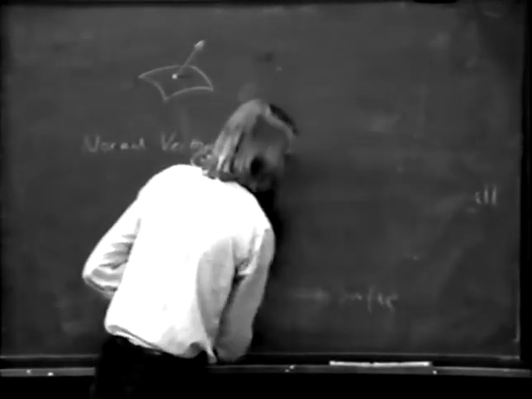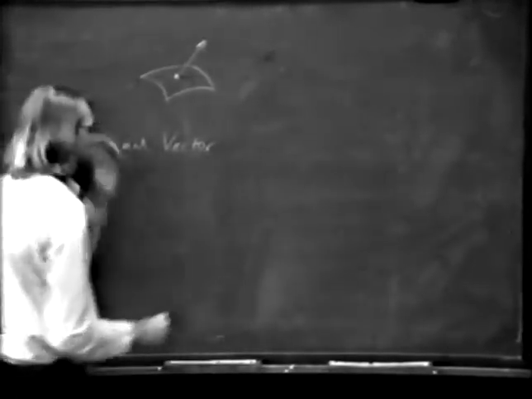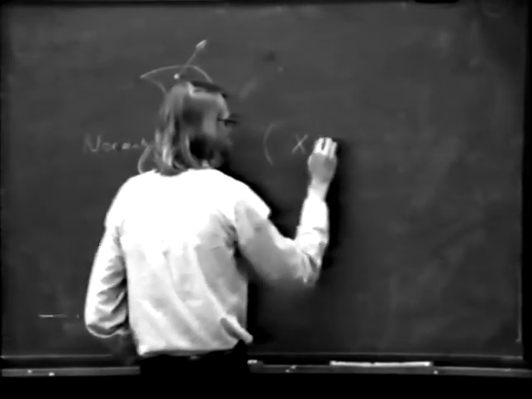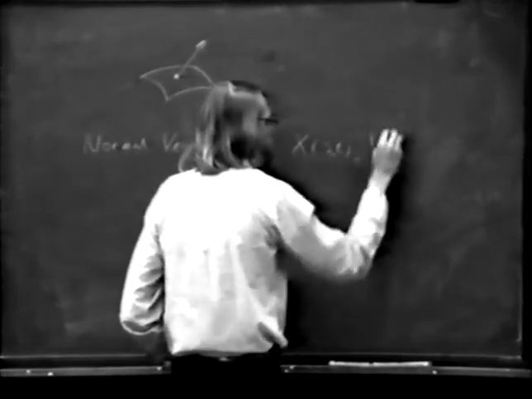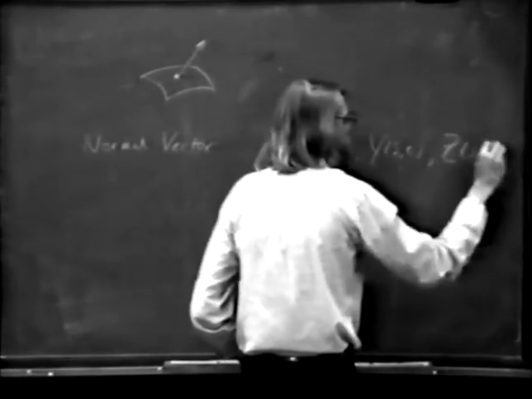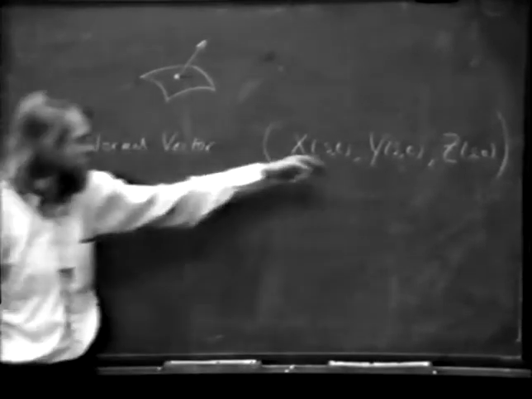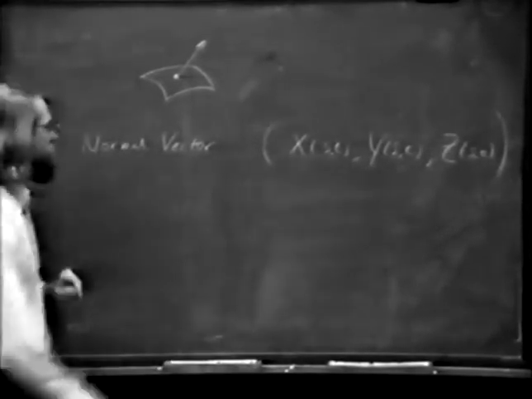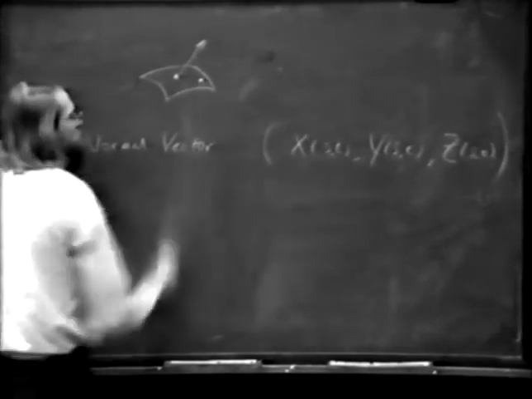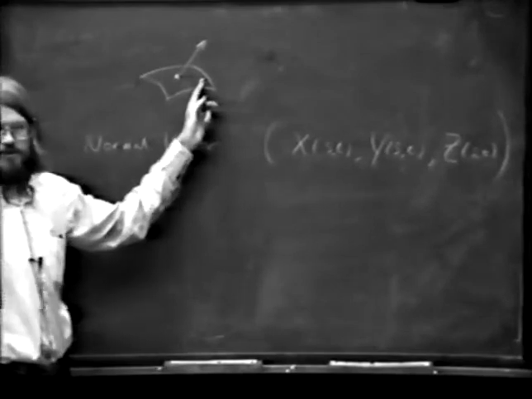Mathematics. We have the position of the patch, which is a vector formed by 3 functions of s and t. So at a particular point on the patch, plug in an s and t, and that will give us a point on the patch.